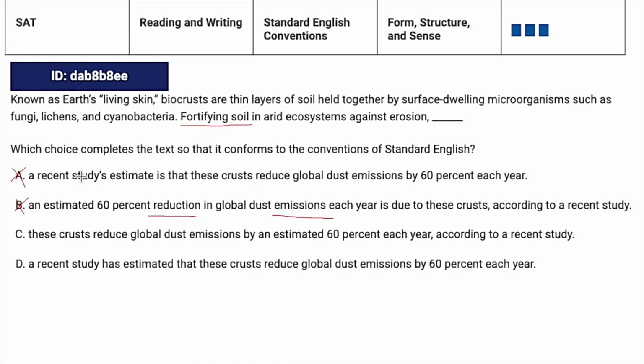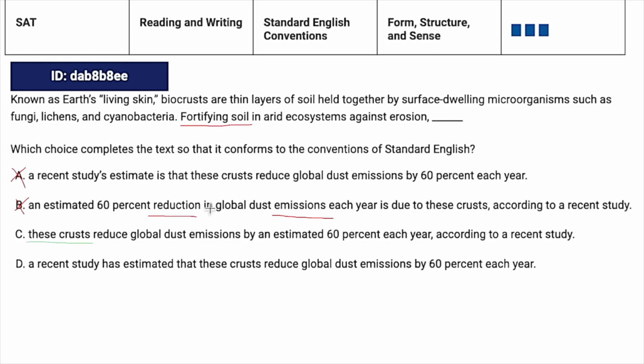Okay, C. These crusts. All right, these crusts. Now, because it says these crusts, I do want to go back and see what crusts it's referring to. Known as Earth's living skin, biocrusts. So, biocrusts are the thin layers of soil held together by these surface dwelling microorganisms.